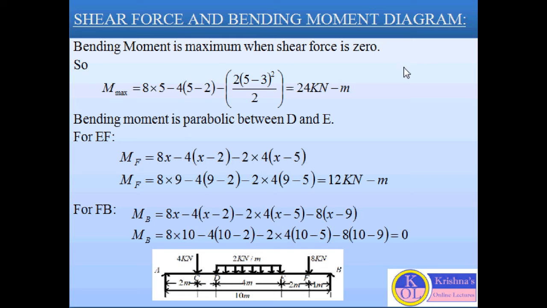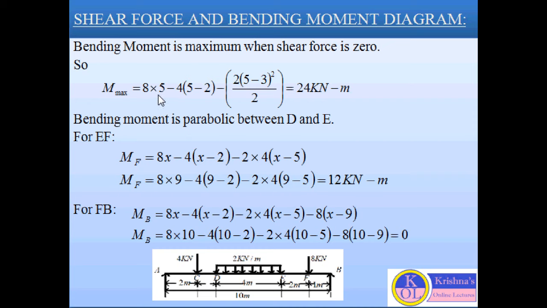So the bending moment will be maximum also at x equal to 5. If we put x equal to 5 in this equation, we can find the value of the maximum bending moment. The maximum bending moment is represented by Mx, and the value of x is 5.